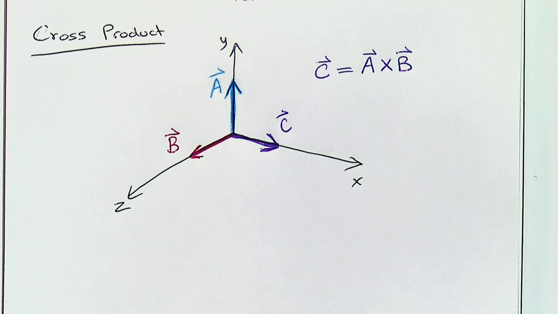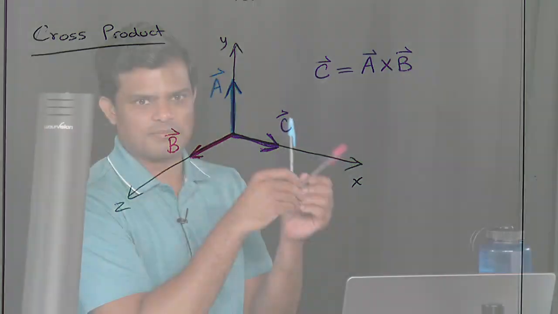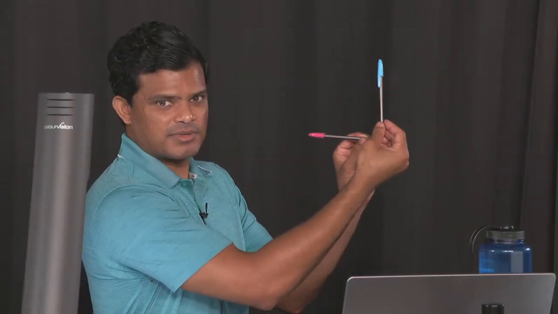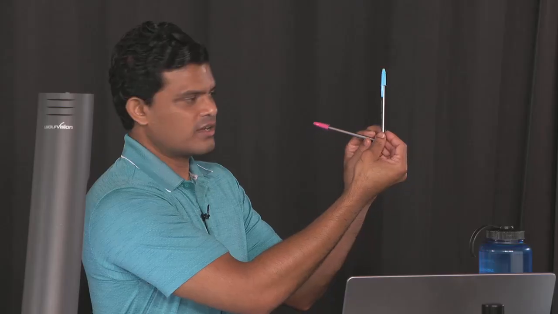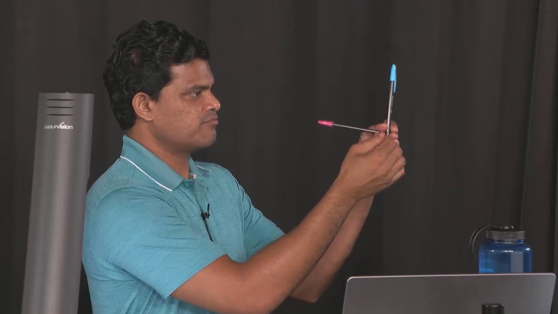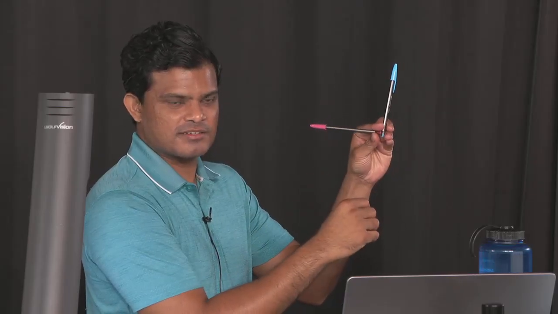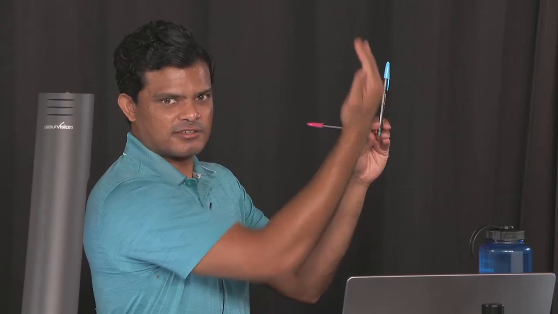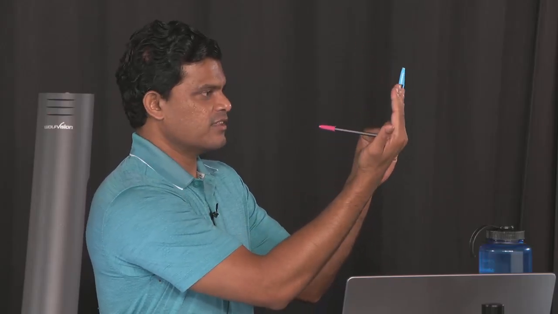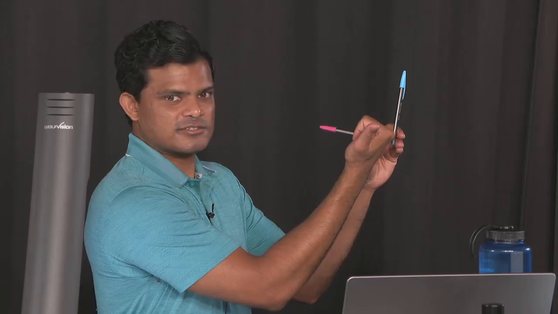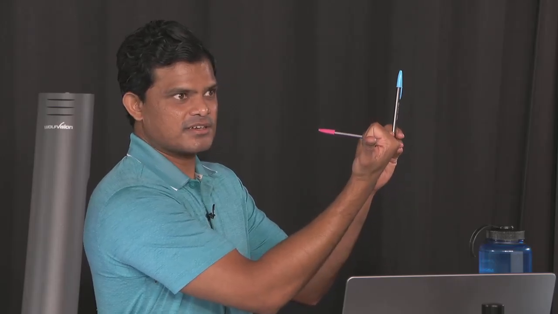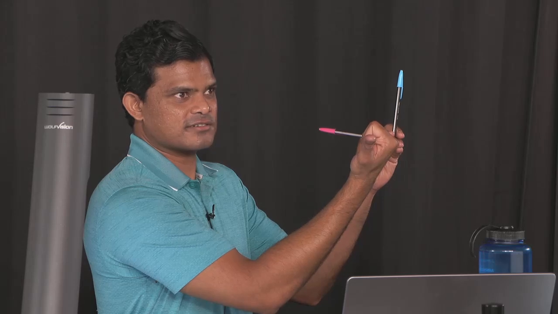Now, just to give you the option, bringing the camera up here again, let's say I have A pointing up like this, B going this way. I can also use my curling finger method. What I do is start four fingers along the first vector, and then I curl my fingers towards the second vector, and my thumb points again in the direction of the result.